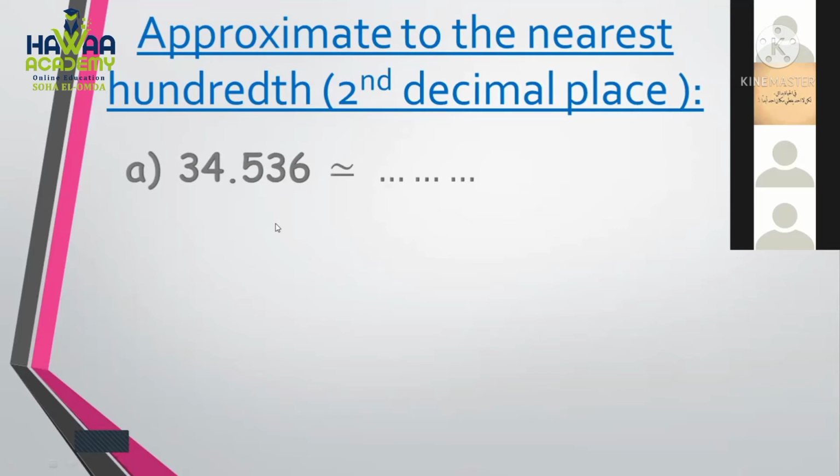A decimal number. The decimal number consists of the whole part, the decimal point, and the decimal part. So all of this is a decimal number.